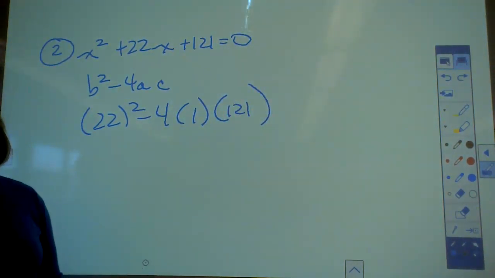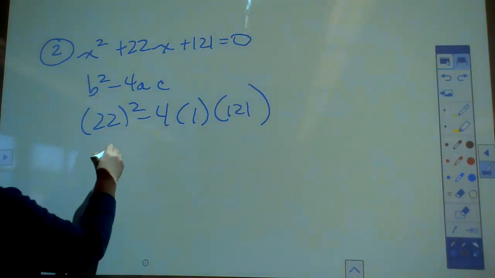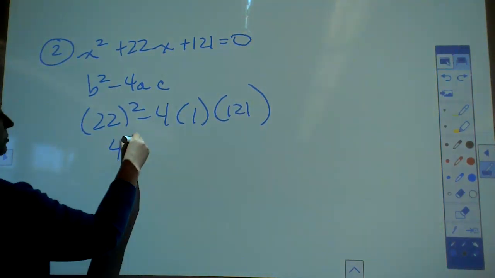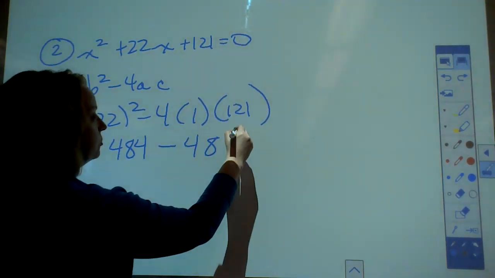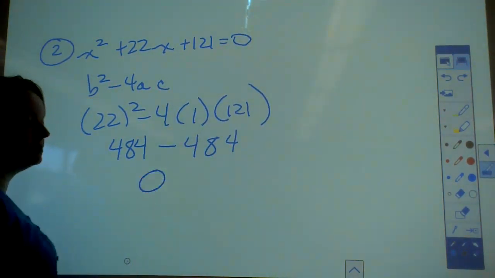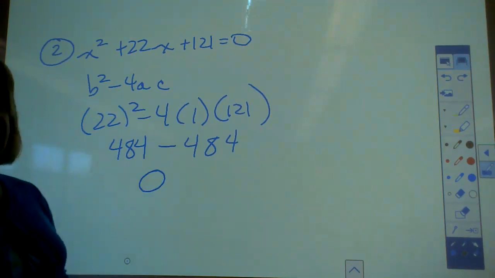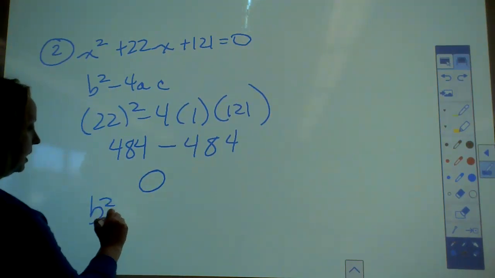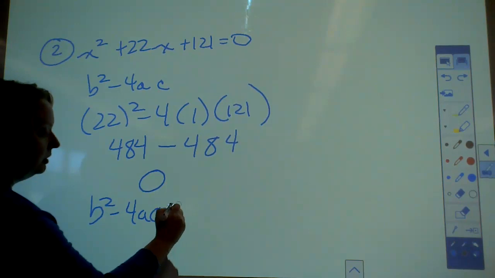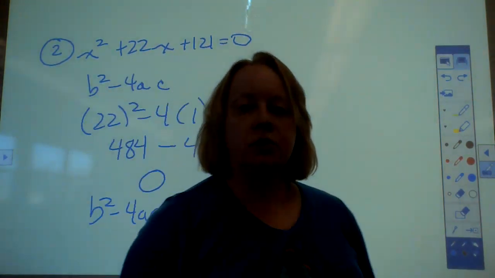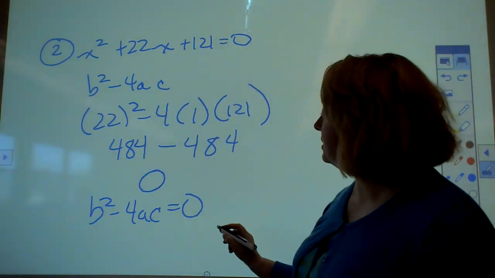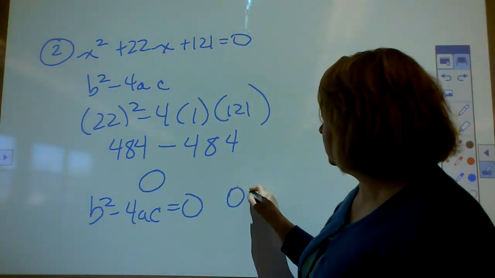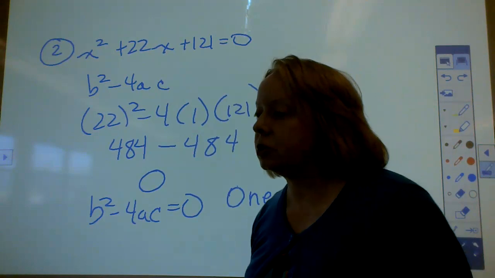Well, 22 squared comes out to be 484 minus, and this comes out to be 484, so it's 0. So we have b squared minus 4ac equaling 0. If it's equal to 0 and you look at your chart, you're going to see that you're going to have one rational root.